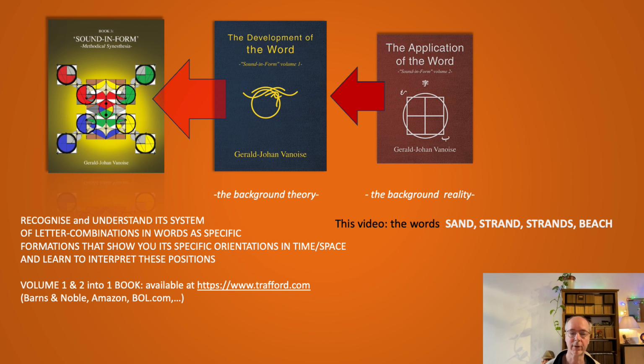The more difficult letters are at the end of the system, like the letter S, for instance, or the R. So I will take some of them and check if they really are that difficult as they seem to be. Let's analyze the words sand, strand, strands, and beach, because strand is also a Dutch word which means beach, so I will also take the English word as a comparison.